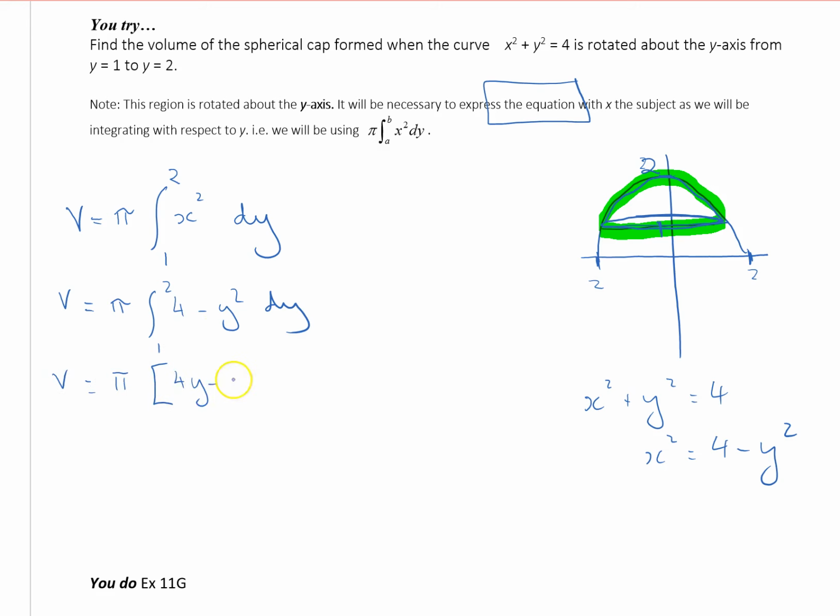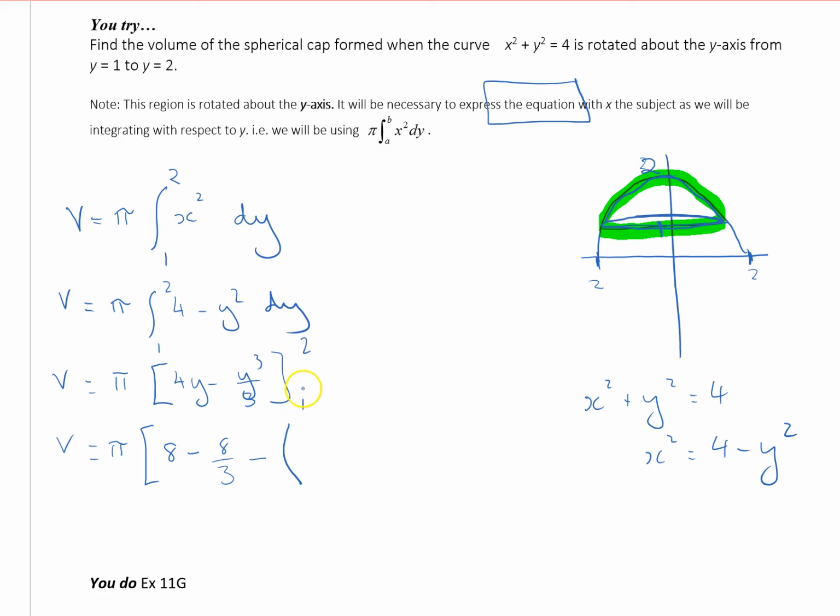No problem taking the integral of that. It's 4y minus y cubed on 3 from 1 to 2. Our volume is pi times... now we've got to be a little bit more careful. 4 2's are 8, minus 2 cubed is 8, on 3, minus, in a bracket, because we do have to do a substitution here.